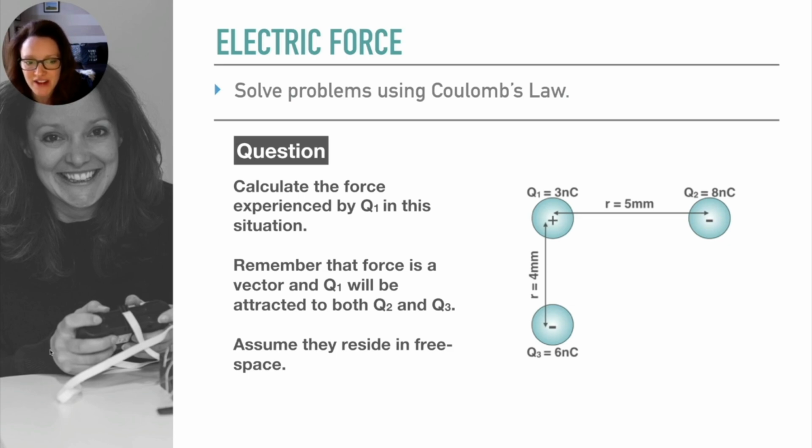Remember that a force is a vector, and Q1 will be attracted to both Q2 and Q3. Will it be attracted? Yes, they're opposite charges, so yes, it will be attracted. Assume they reside in free space. What does that mean? It means we can use the permittivity of free space. It makes things a bit simpler.